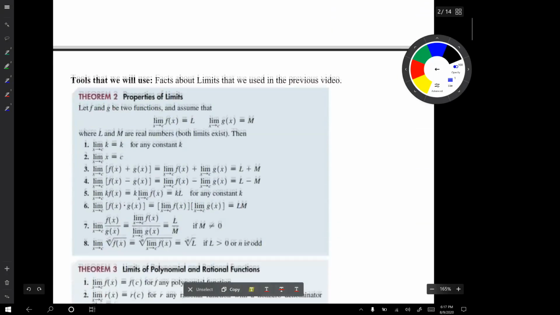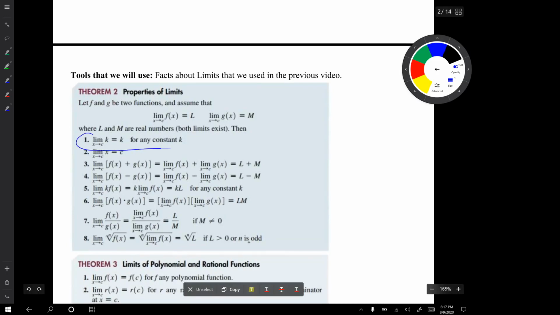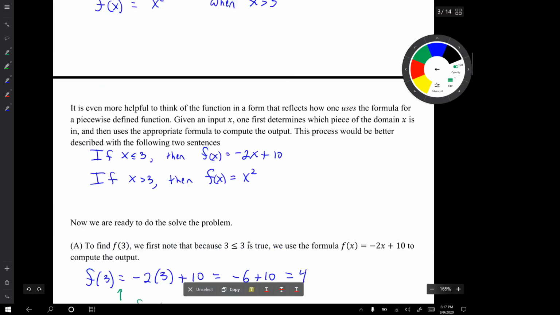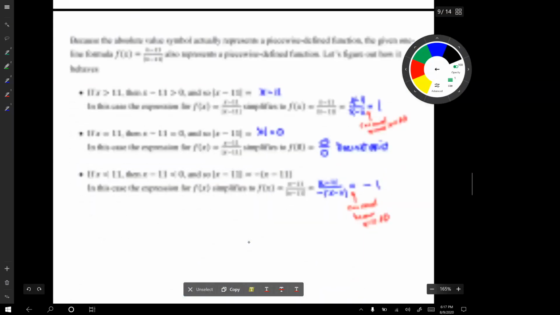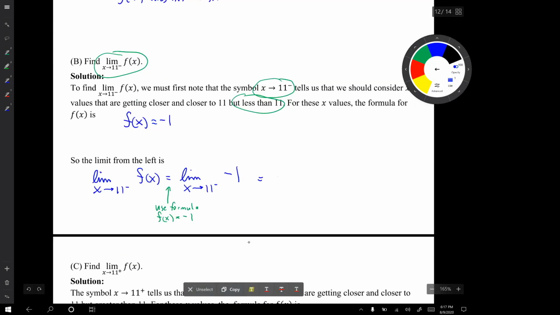Limit property 1 says the limit of a constant k is just the number k. So the limit of a constant k is just that number k, whatever it is. So that's limit property 1, theorem 2.1.